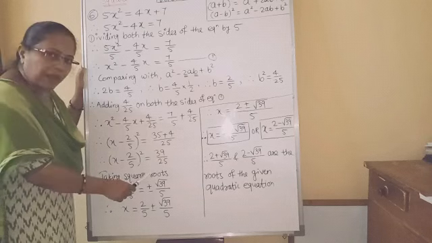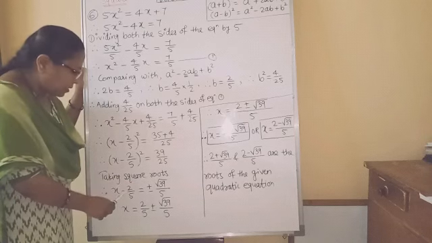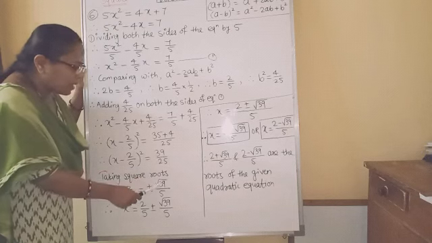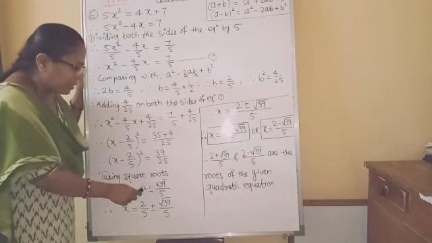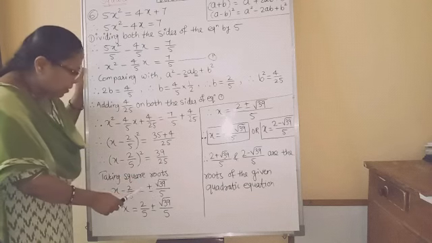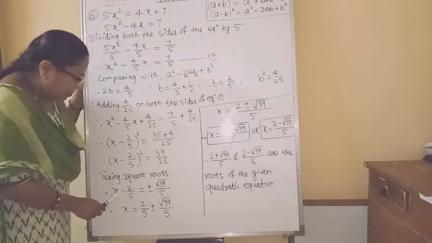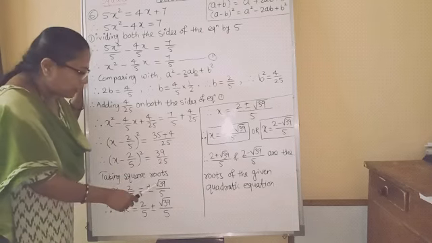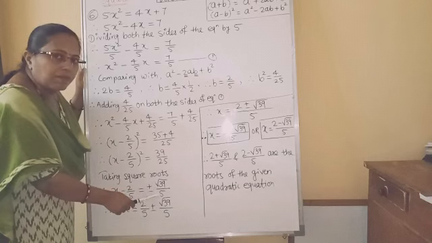Now taking square roots. X minus 2 upon 5 is equal to square root of 39 is root 39 upon square root of 25 is 5. So x minus 2 upon 5 is equal to plus minus root 39 upon 5.